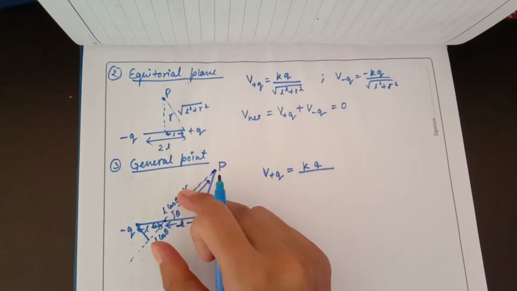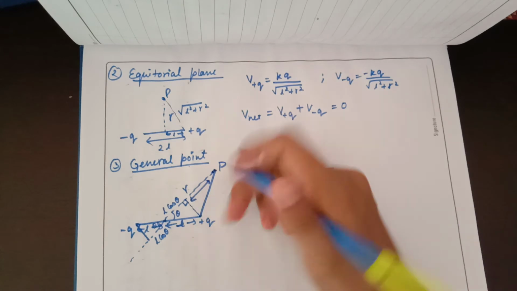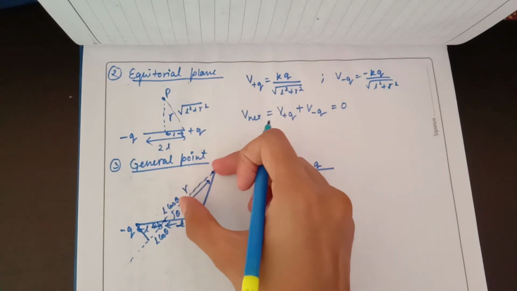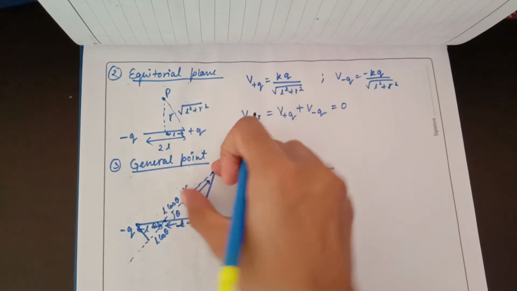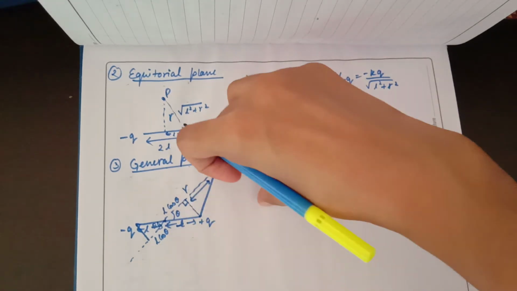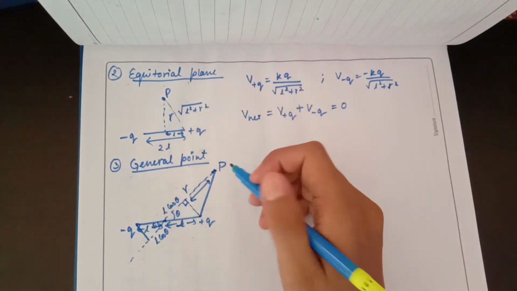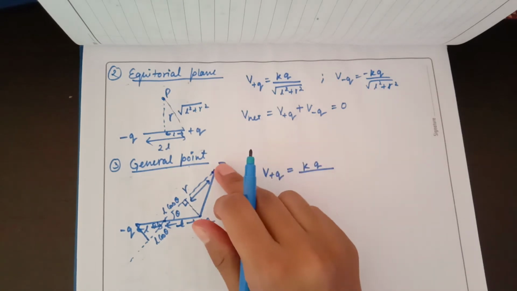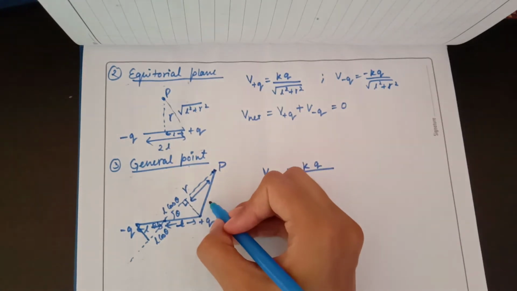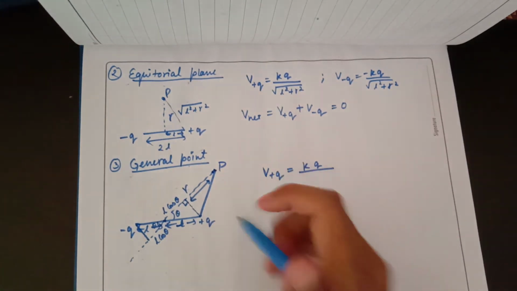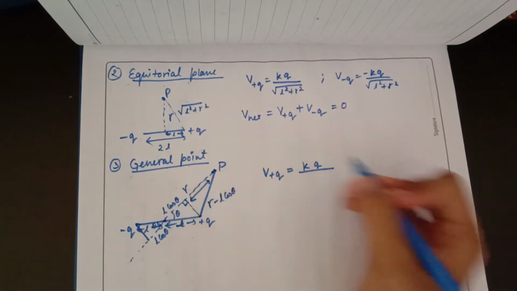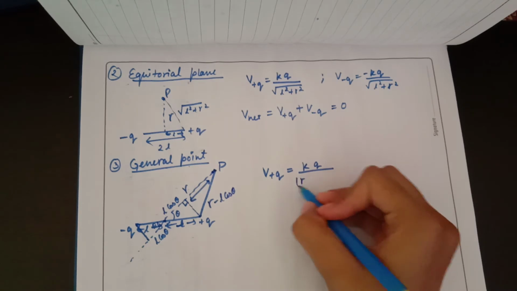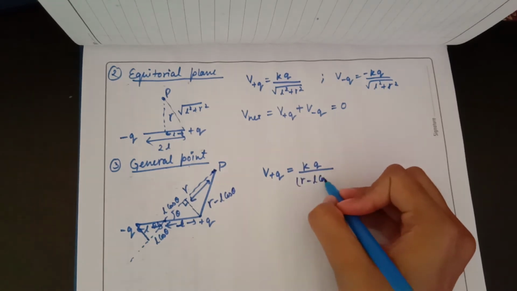As I said, these two are the radius of the same circle whose center is P, so this line will be equal to R minus L cos theta. So I will write R minus L cos theta in the denominator.